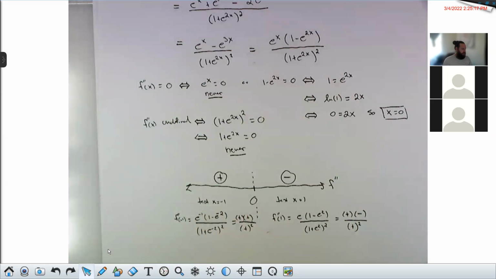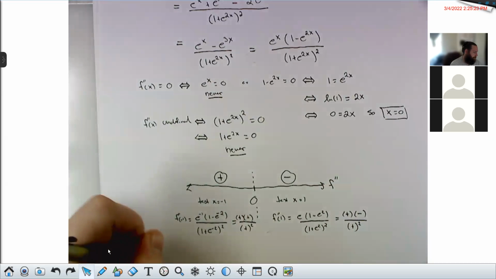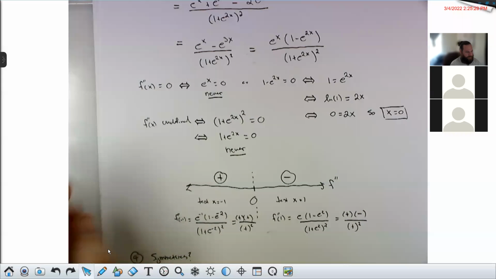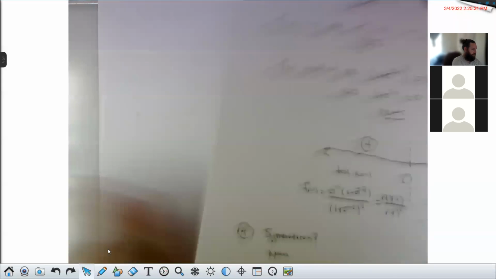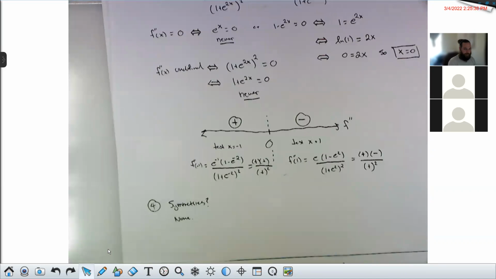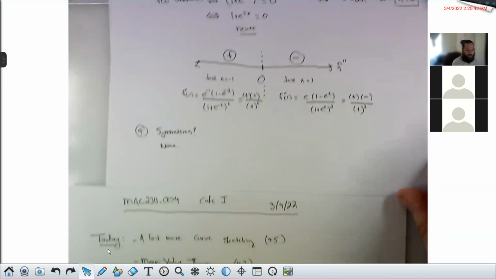Before we start trying to sketch, we want to think about symmetries and asymptotes. There are no symmetries. What's our original function here? So we're looking at the inverse tangent of e to the x.